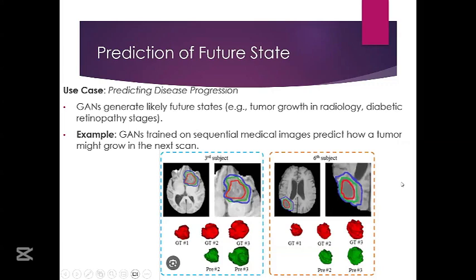And this one is the prediction of the future state. Having the first two or three phases, it predicts how it is going to grow in the sixth stage, right?